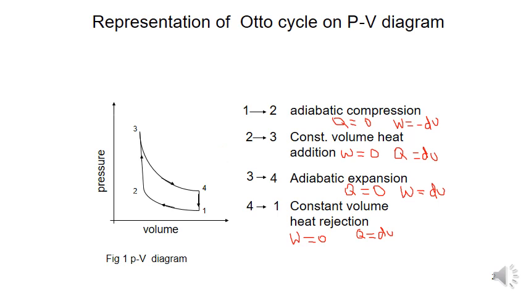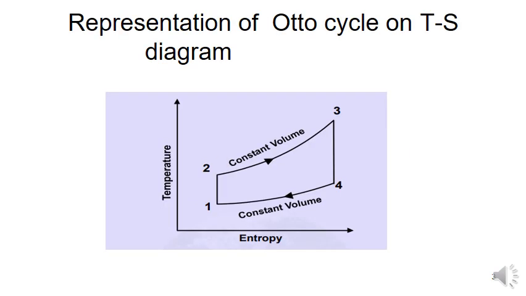Next we'll see the TS diagram for the Otto cycle. How will you represent the TS diagram? See 1 to 2, 2 to 3, 3 to 4, 4 to 1. Same here, 2 to 3 is a constant volume heat addition and 4 to 1 is a constant volume heat rejection.